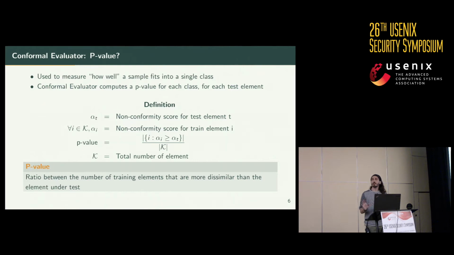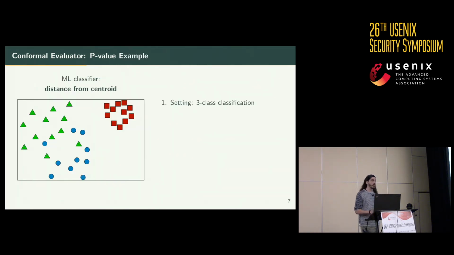But to understand a bit better what a p-value is, let's make an example. The machine learning classifier that we will use in this example is distance from centroid. A new object will be classified to the class whose centroid is closest. In this setting, we have three classes: the red squares, the green triangles, and the blue circles.